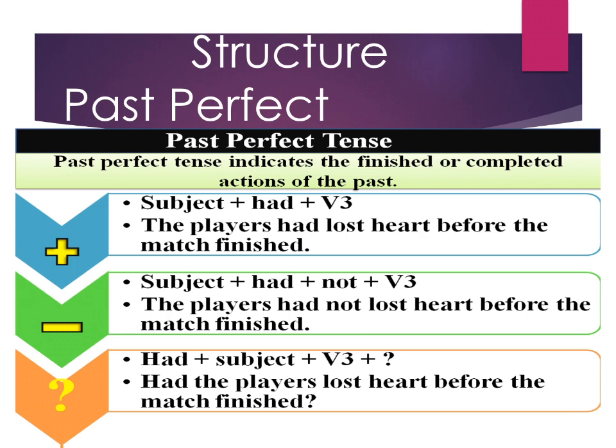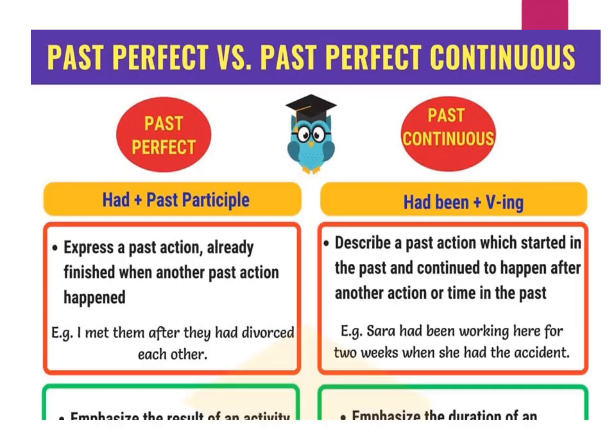So same is the case over here. You would see had plus subject plus verb third form, and then a question mark is a must. The sentence would become: had the players lost heart before the match finished? And definitely a question mark in the end. This is how the question form or interrogative form of past perfect tense happens.